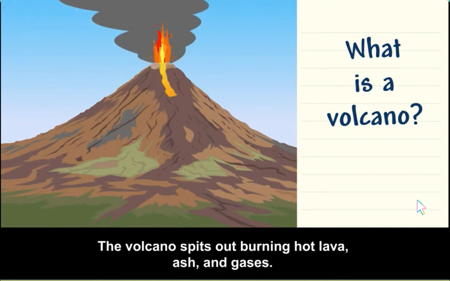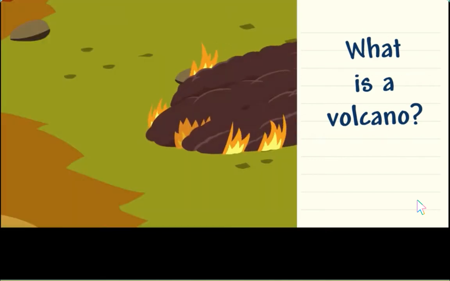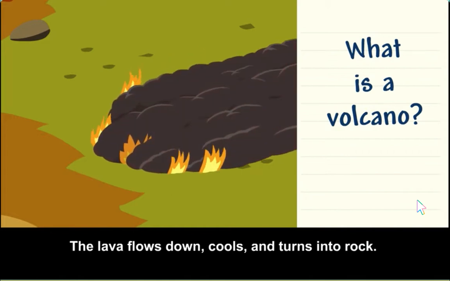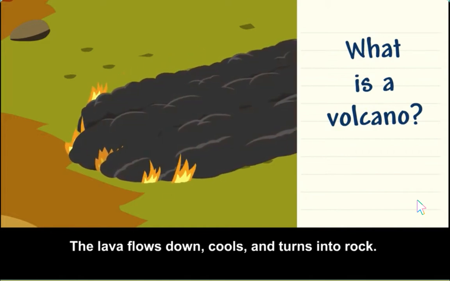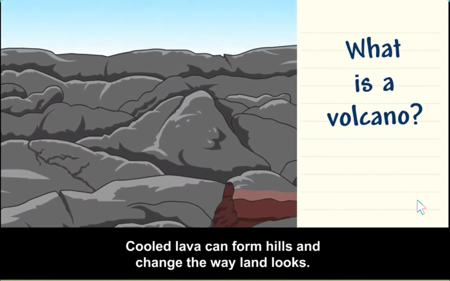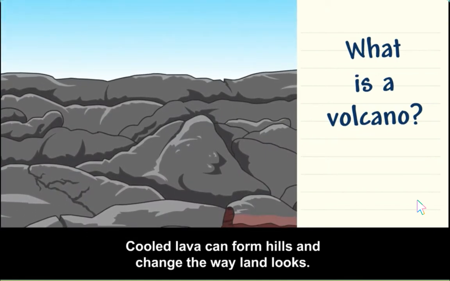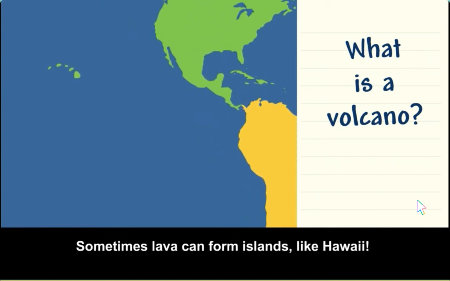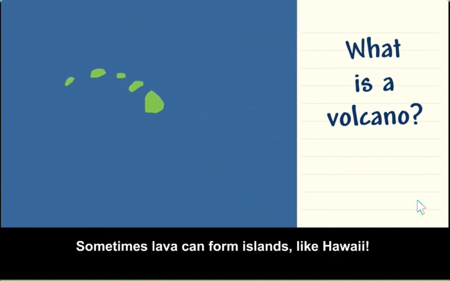The volcano spits out burning hot lava, ash, and gases. The lava flows down, cools, and turns into rock. Cooled lava can form hills and change the way land looks. Sometimes lava can form islands, like Hawaii.